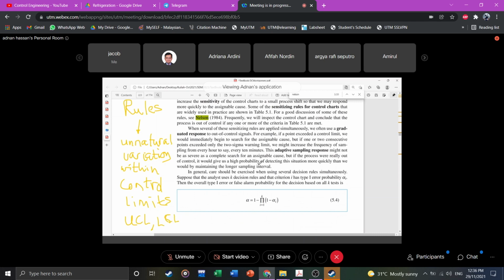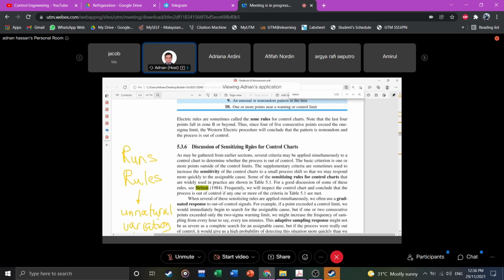In your ebooks, they call it synthesizing rule. This is like the runs rule, the same. Runs rule or synthesizing rule. Why do we use this rule? To make it more sensitive. The control chart becomes more sensitive having synthesizing rules. There are the Nelson runs rules, which are some variations of rules.